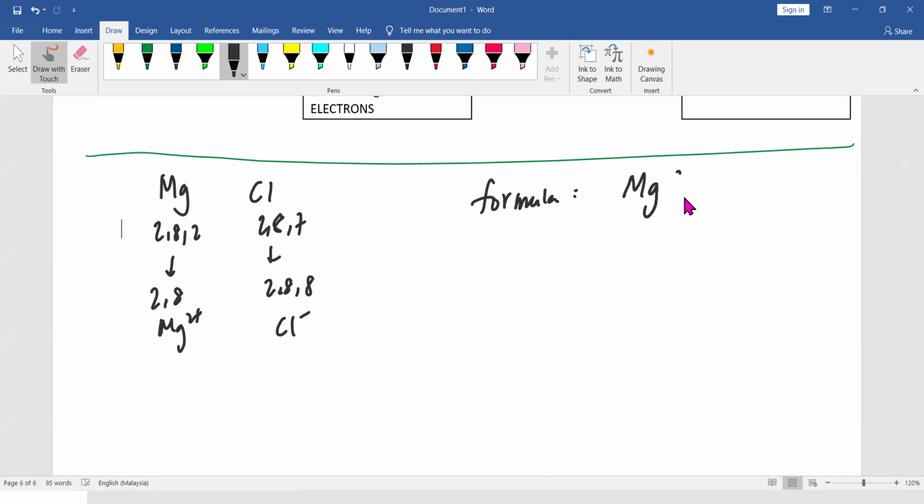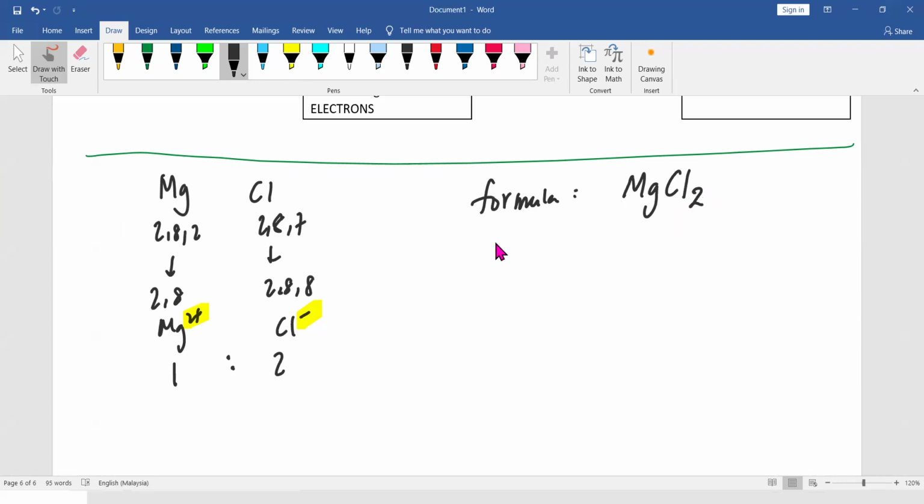How many magnesium, how many chlorine? One magnesium, two chlorines, because magnesium releases two electrons and each chlorine receives one. So the ratio is 1 to 2. How do I write it in the formula? Do you remember?